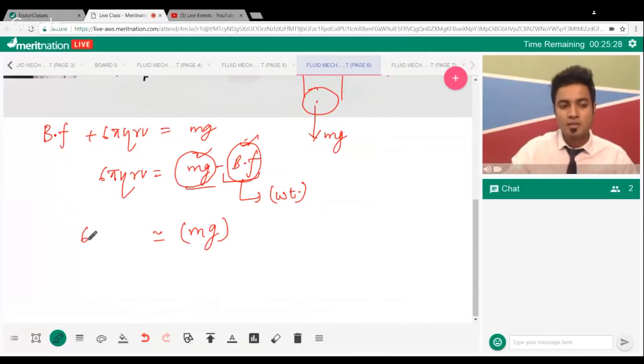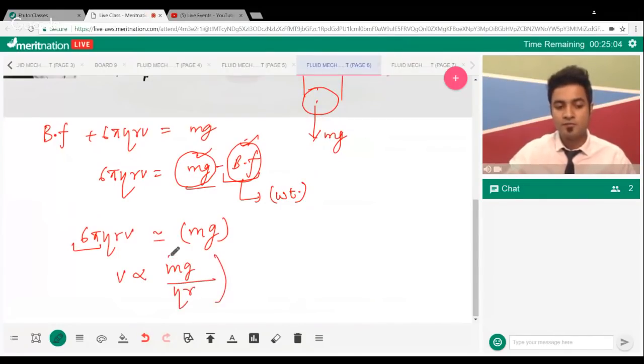So here it is 6 pi eta r v. If you calculate v from here, v is directly proportional to weight divided by eta r, because all the other things are constants, right?